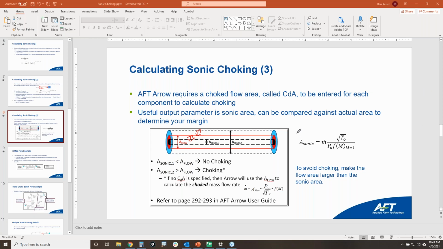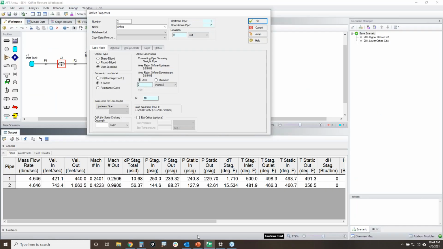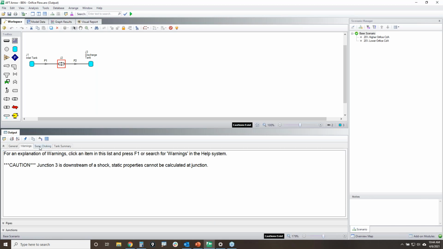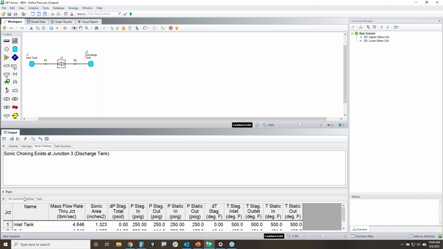So this is my sonic area that is calculated for me by AFT Aero. So if I go back into Aero here, and let me do that and do that.